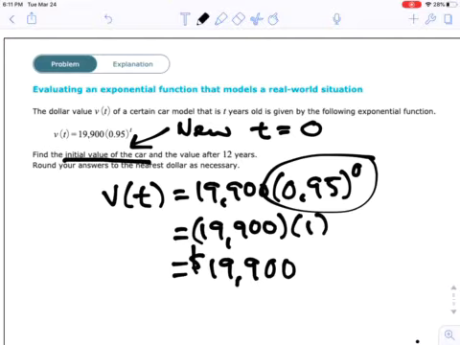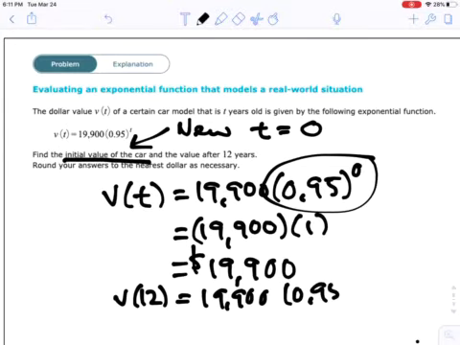Now, the value after 12 years is going to be basically the same kind of thing, except that you're going to put 12 in. So if we write this v of 12, that is going to be 19,900 times 0.95 to the 12th power.